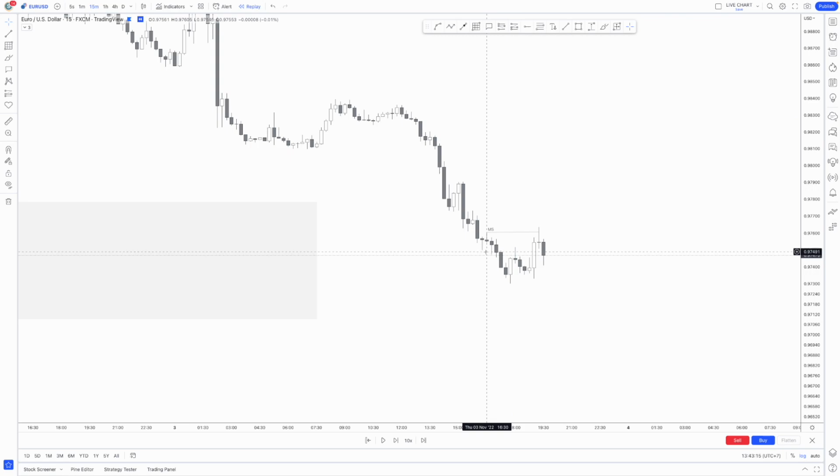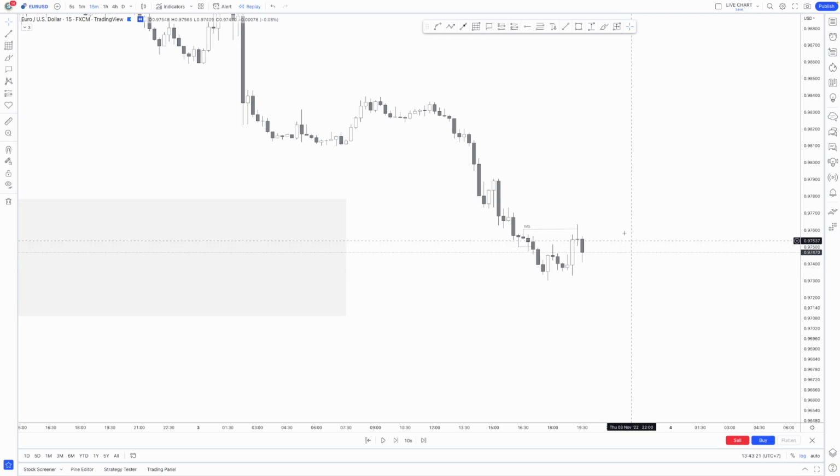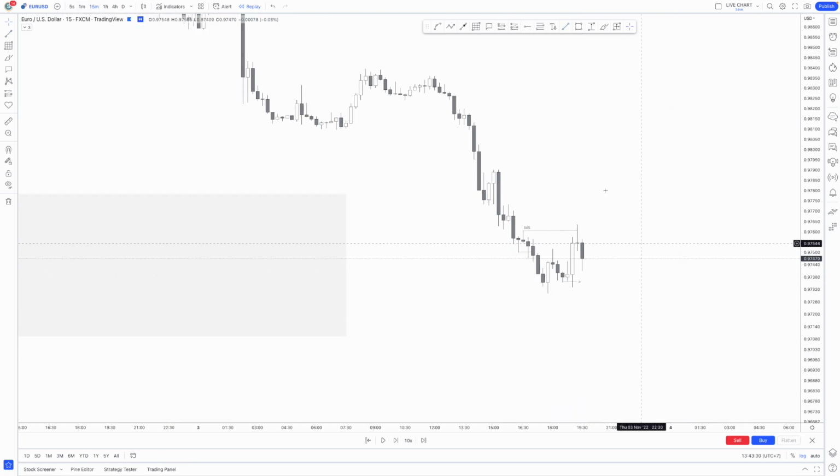So we have our market shift, and this sweeps liquidity. This candle sweeps liquidity, but we're not going to trade from this candle, so you bring it down to the range. And also with it being the 15 minute, I would take 50%.